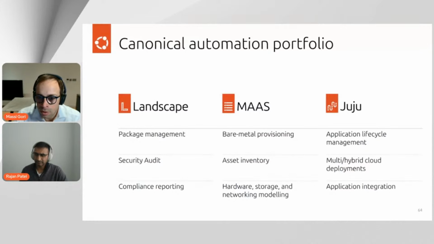And Juju, on the opposite end of the stack, is the solution that we use to automate lifecycle management of all applications, including for example the installation, update, and upgrade of Landscape, as well as the integration and orchestration of applications that are not only within the same cloud, but also across multiple clouds.